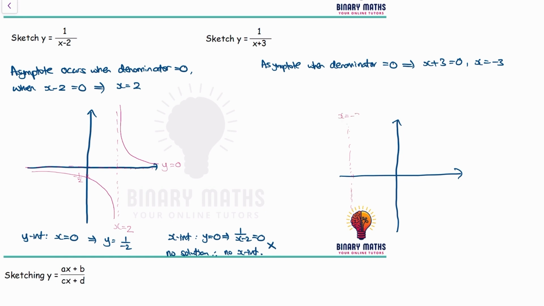At x equals negative 3, we have an asymptote. If I do the y-intercept next, x equals 0 implies y is equal to 1 over 3. So 1 over 3 is somewhere here.